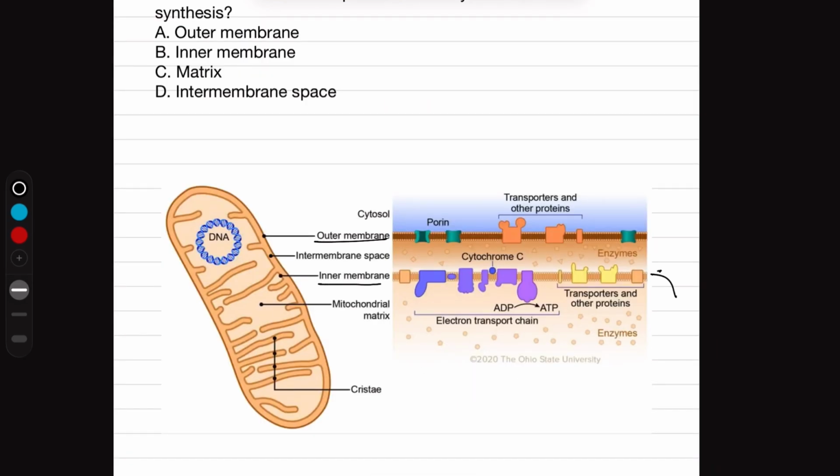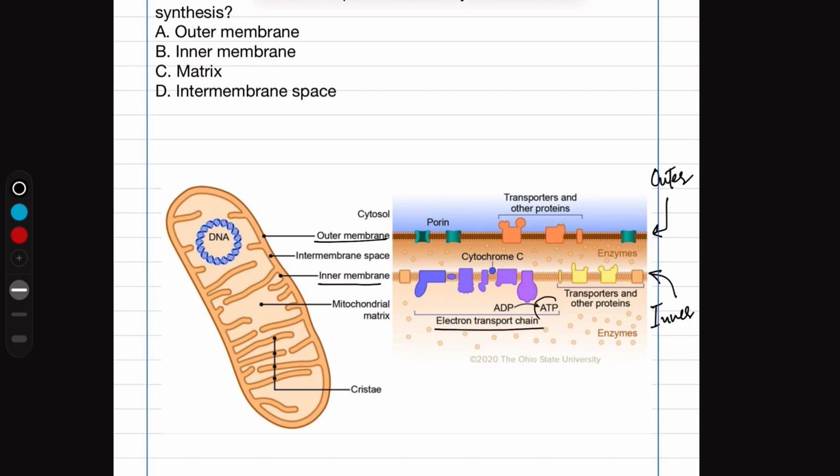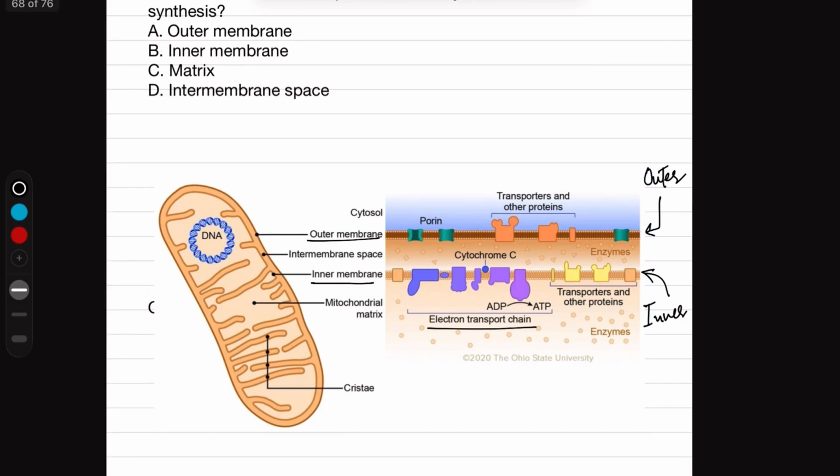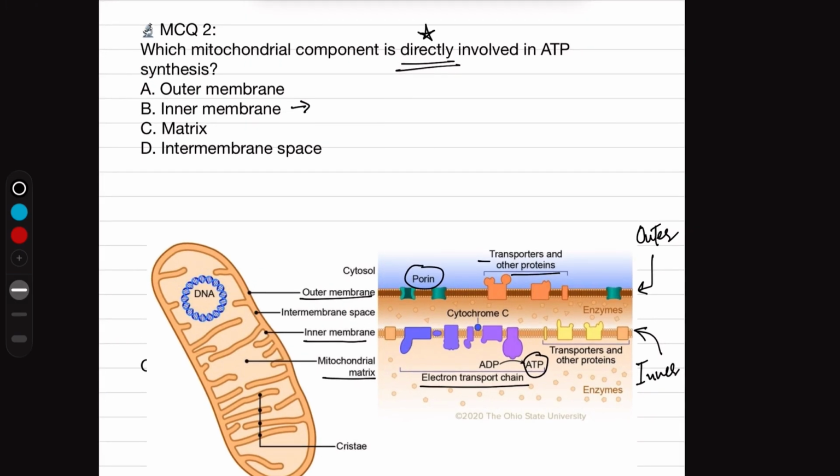Next MCQ is mitochondria related: which mitochondrial component is directly involved in ATP synthesis? Here in this diagram you can see the outer and inner layer of mitochondria. On the inner layer you can see ATP is present and the ETC, electron transport chain, is taking place. The outer membrane has porins and transporters.